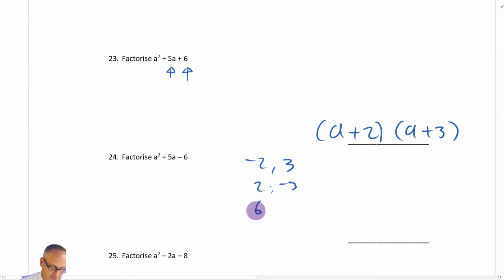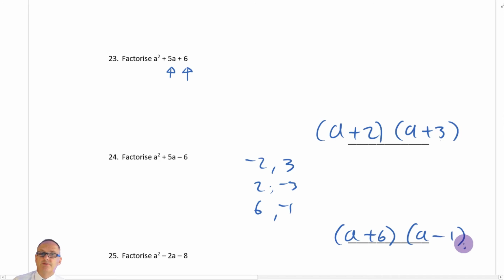But if I do 6 and minus 1, if you add those together, we get 5. So we're going to have a plus 6, a minus 1 as my factors here. 6 times a, minus 1 times a gives me minus a. Combine those, I'll get the 5a I need. The 6 times the minus 1 will give me the minus 6 to check.